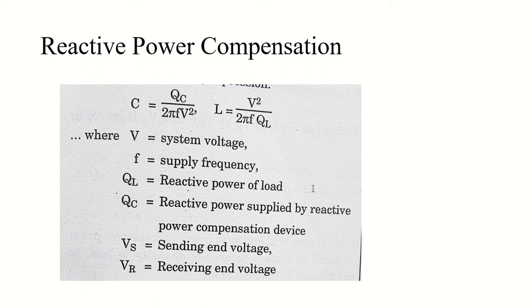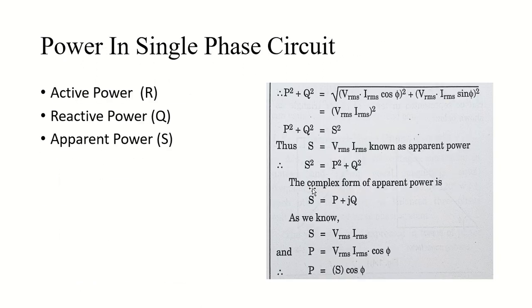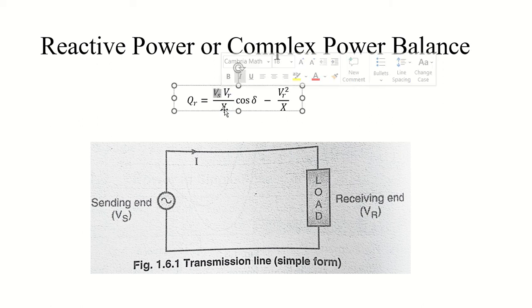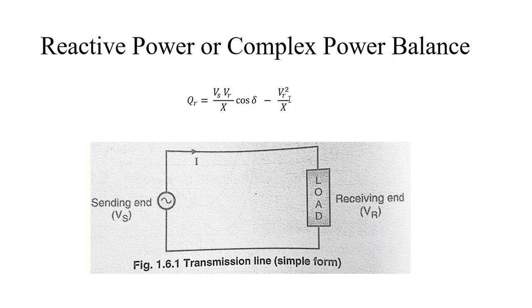So if we take the value of this delta as close to zero, imagine almost zero, then what will be the formula left? Cos 0 is 1, so we will be left with only VS VR divided by X minus VR square divided by X, right?